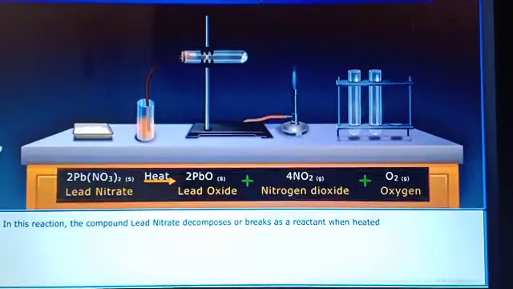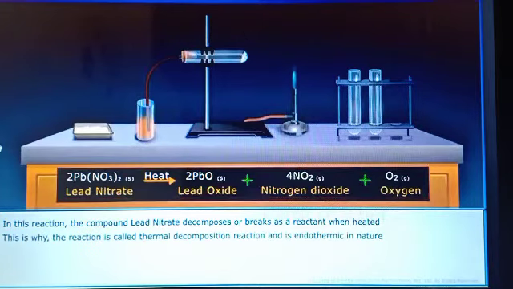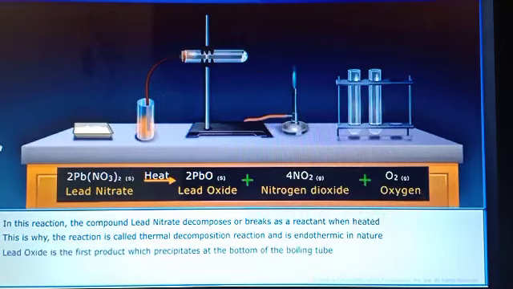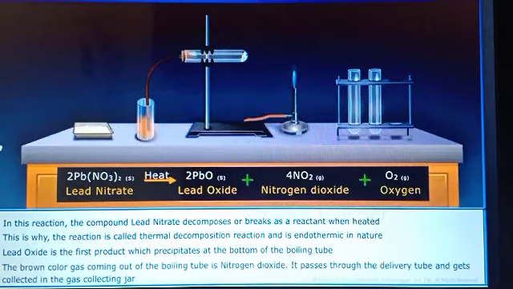In this reaction, the compound lead nitrate decomposed, or broke, as a reactant when we heated it. This is why the reaction is called the thermal decomposition, and it is also endothermic in nature because the heat is absorbed.